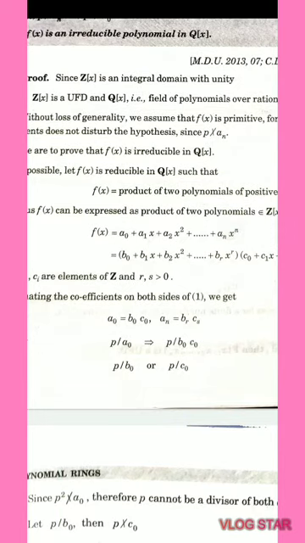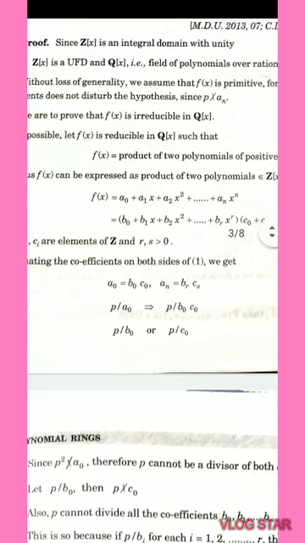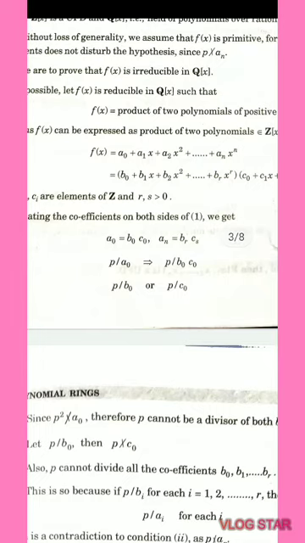So f(x) = a0 + a1x + a2x² + ... + anxⁿ = (b0 + b1x + b2x² + ... + brxʳ)(c0 + c1x + c2x² + ... + csxˢ), where bi and ci are elements of Z and r, s are greater than 0.